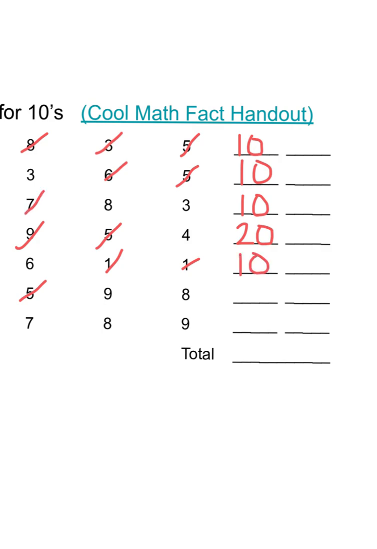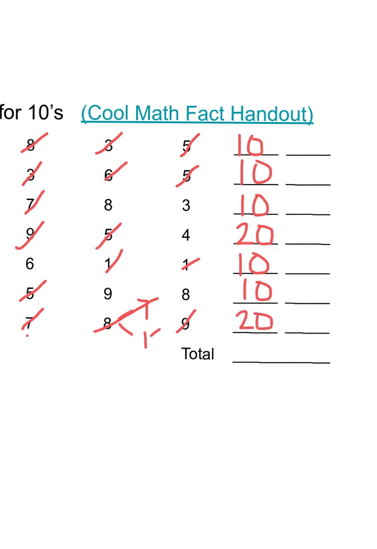A 7 and a 3 equals another 10. 6 and 7 is 13. And if I break that into a 7 and a 1, then 6 and 7 and 7 is a 20.